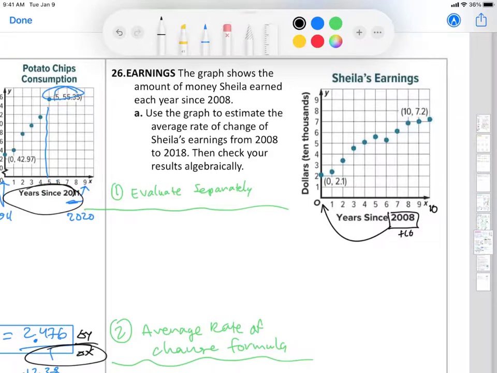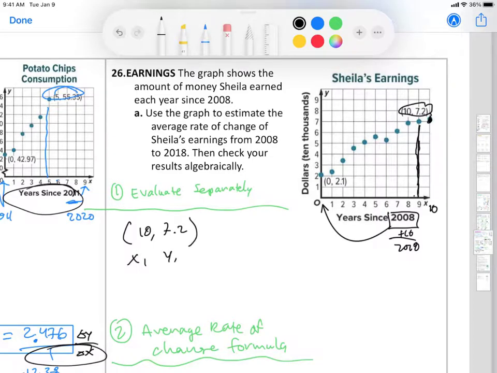And 10 here would be 2018. Oh, wrong line here. I think that line should go to the right. Oops. Should be that ordered pair. So 10 comma 7.2 is my first ordered pair.